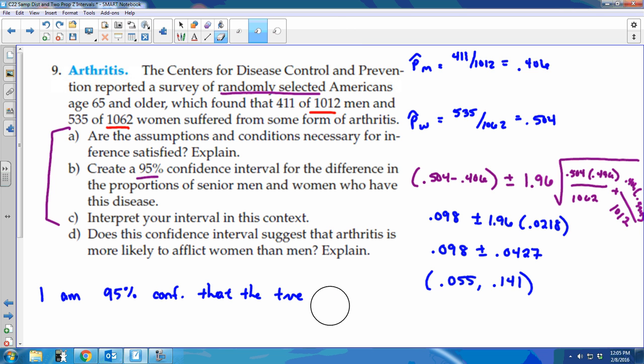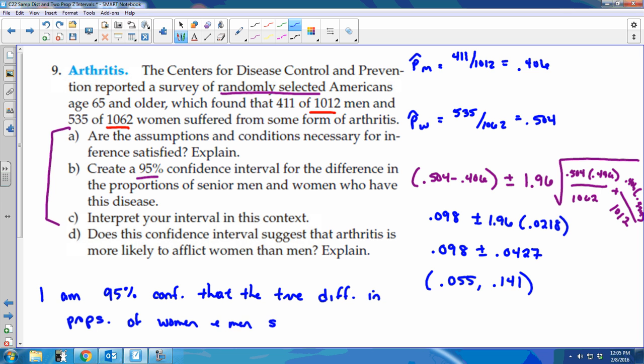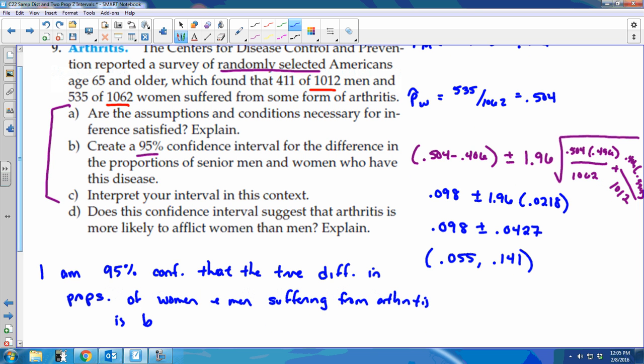So the true difference in proportions of women and men suffering from arthritis is between 5.5% and 14.1%.